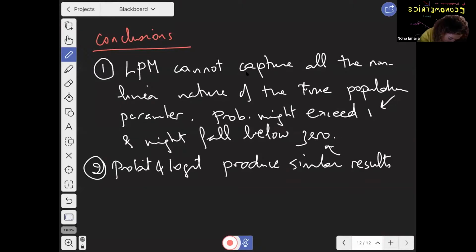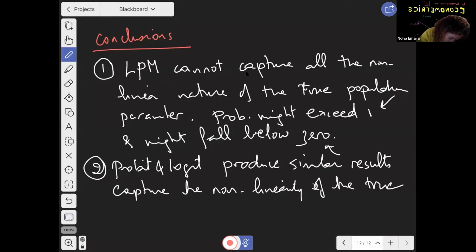They capture the nonlinearity of the true population parameter. Okay, so that's why they are preferred.